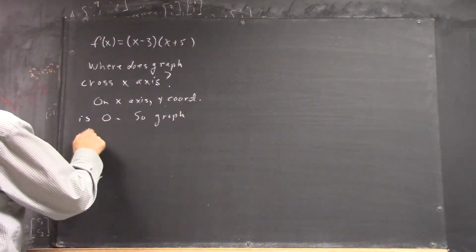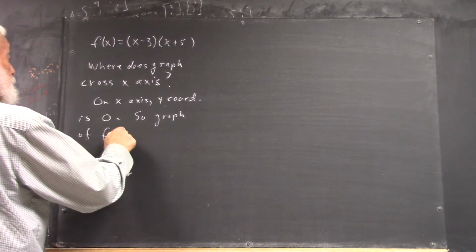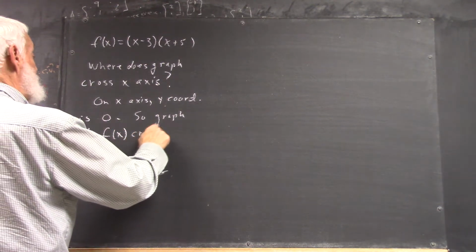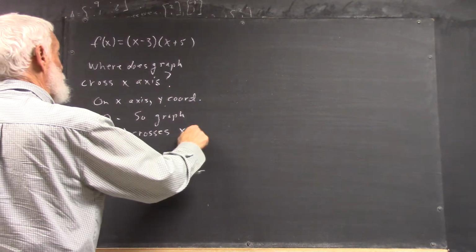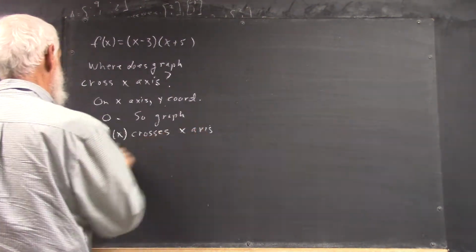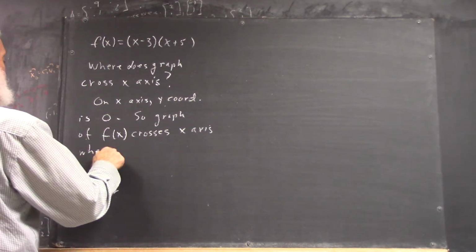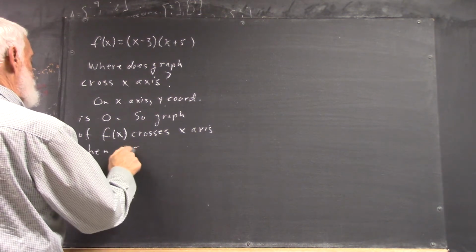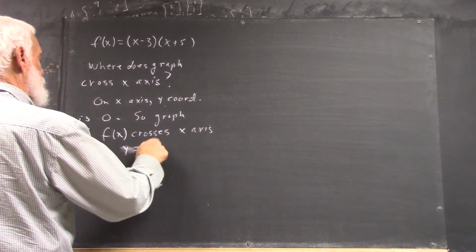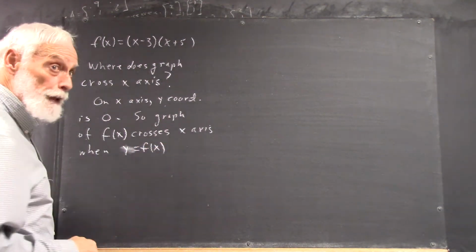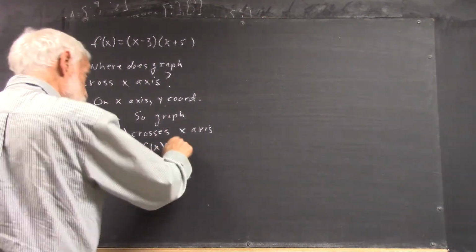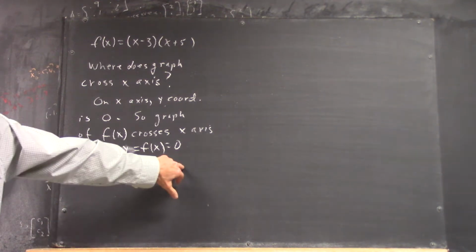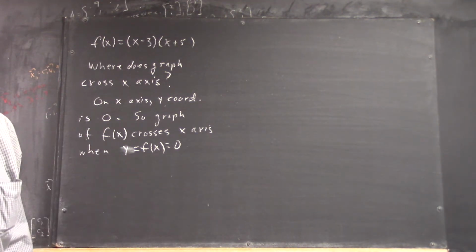So the graph of any function f of x, not just this one, crosses the x-axis when y, which is equal to f of x, equals 0. In other words, you have the equation f of x equals 0, right?